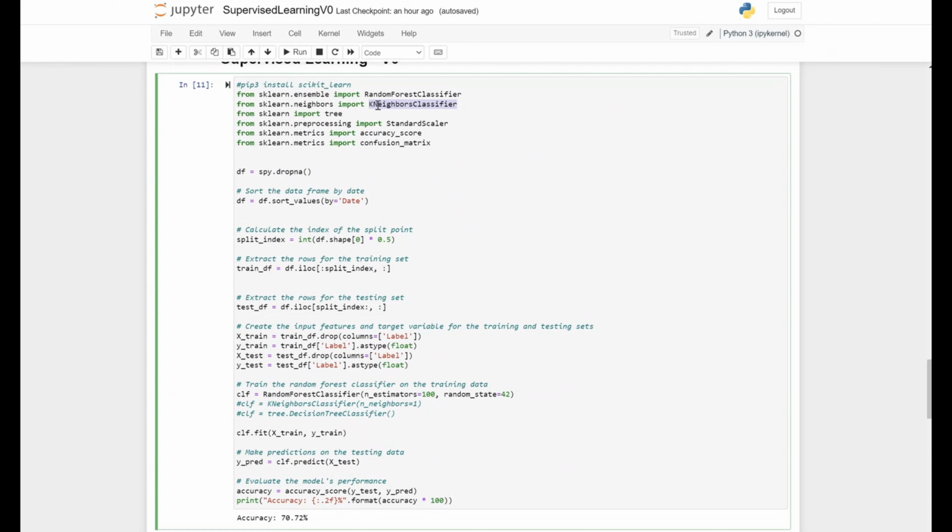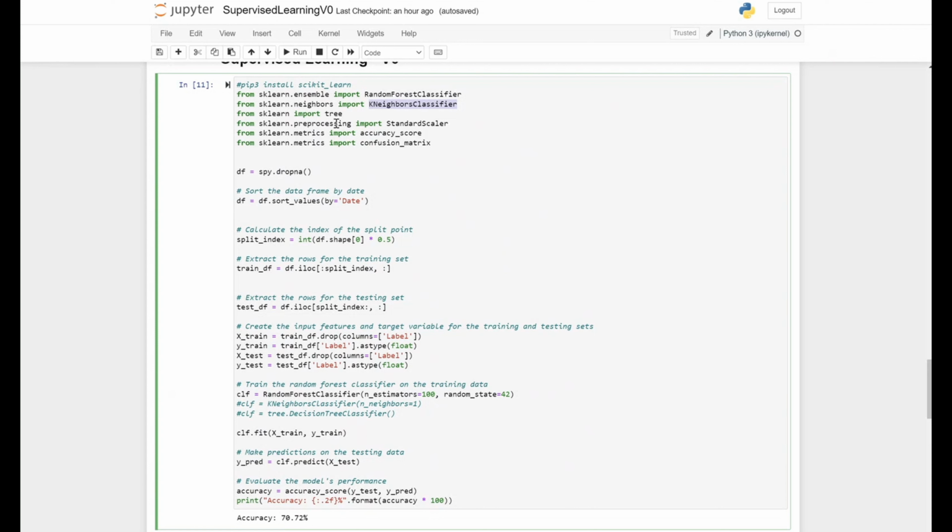So k could be three, which means we use the three closest labels to label the current testing record. Or k equal to 5, which means we use 5 nearest labels. Or if k equals 7, we use 7 nearest labels from the training data set to label the current testing record. So that's k nearest neighbors.